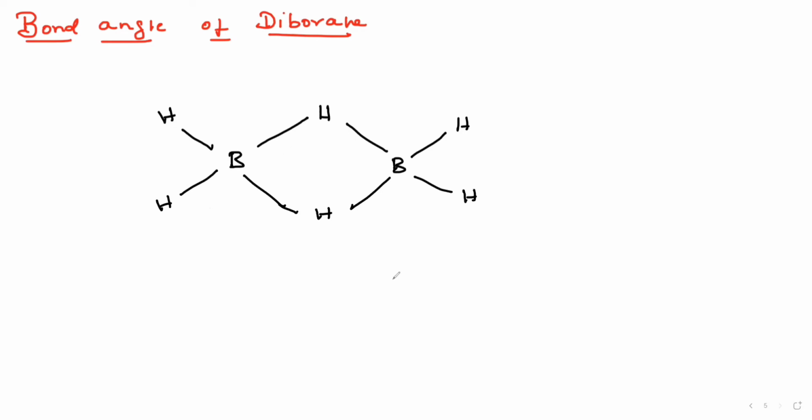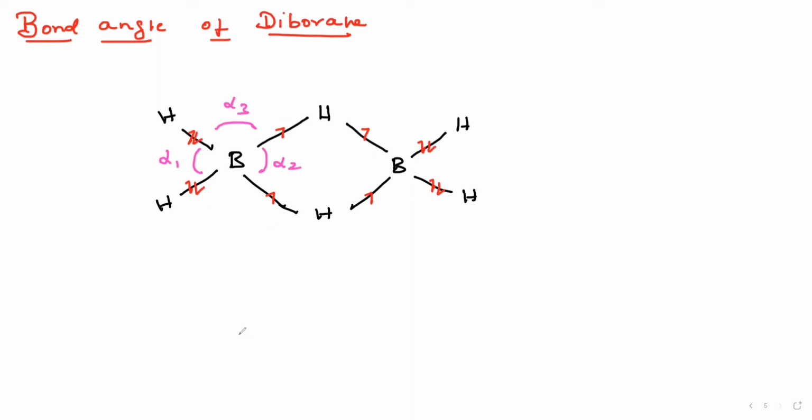Now what is the total electron? Here 2 electron, here 2 electron, here also 2 electron, here also 2 electron, here also 2 electron. Here 1 electron, here 1 electron, here 1 electron, here 1 electron, right? Now see, this is alpha 1 angle. This is alpha 2. This is alpha 3.